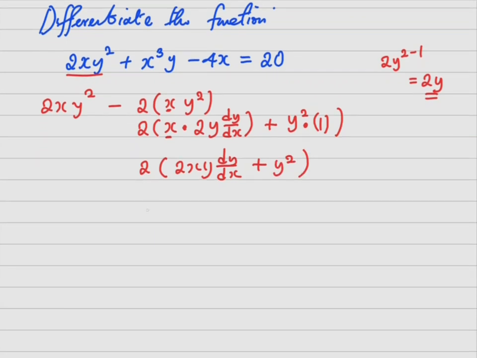Once I expand further, I'm going to have 4xy dy by dx, then plus 2y squared. This is what I'm going to have.